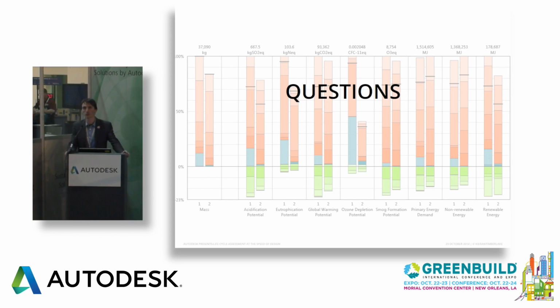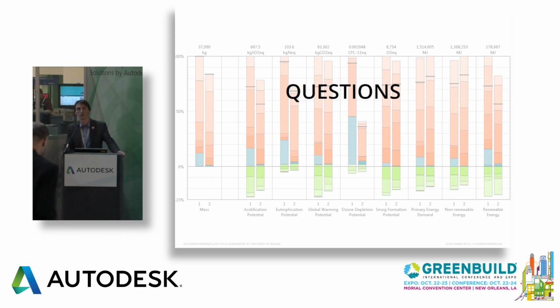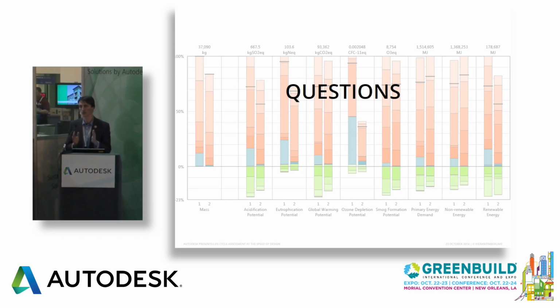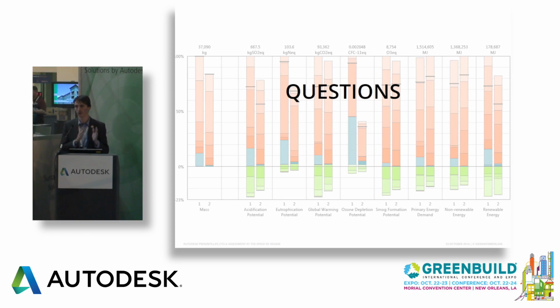So if I've understood your question correctly, the short answer is probably not. It's a defined set of impacts according to the TRACI schemes. However, let us know. We're a small development team, we're pretty nimble.